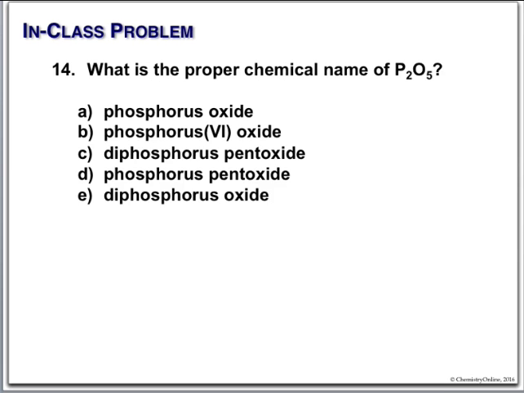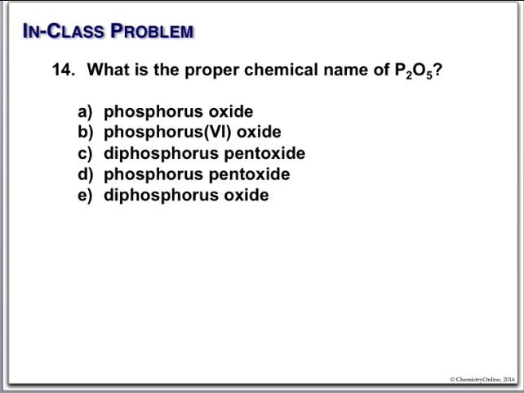So we are going to use multipliers. So we look at these. We have 2 phosphorus and 5 oxygens. We cannot use phosphorus oxide because there are no multipliers. We only use the Roman numeral with ionic compounds that are transition metals. So that's wrong.